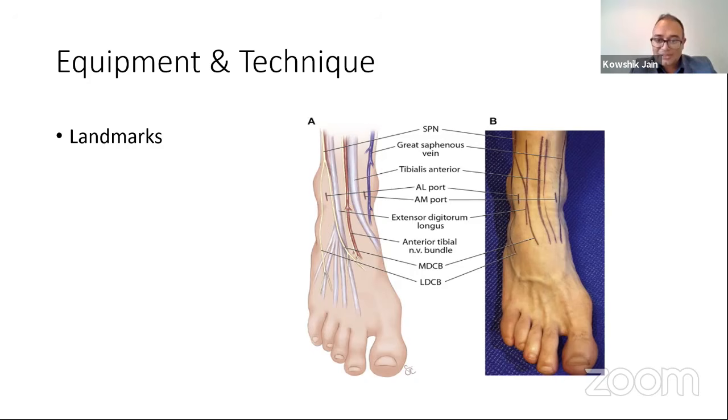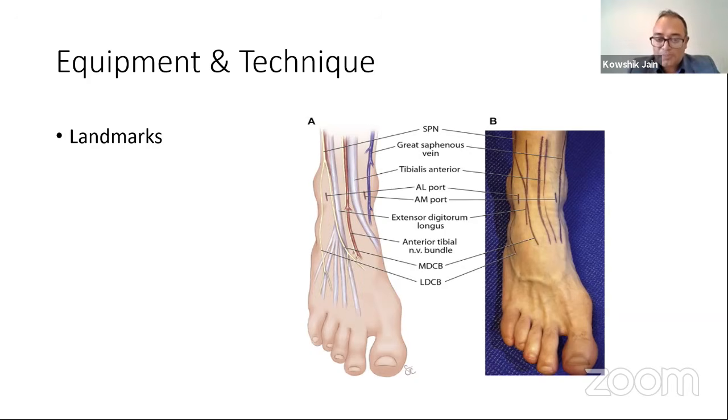Peroneus tertius is the lateralmost part of the extensor digitorum longus, and in this diagram you see it going and attaching to the fifth metatarsal. That's not always present. If it's not present, then you take the lateralmost tendon of the extensor digitorum longus as your landmark, and it's located laterally, in line with the ankle joint.